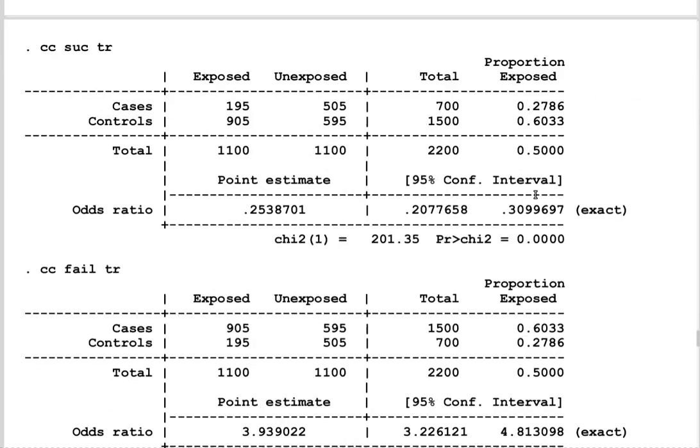Here then is the same set of results for the odds ratio. This number, 0.253, is the estimate of the odds ratio, or OR with a hat over it, and these are the confidence limits for the actual odds ratio in the population domain.